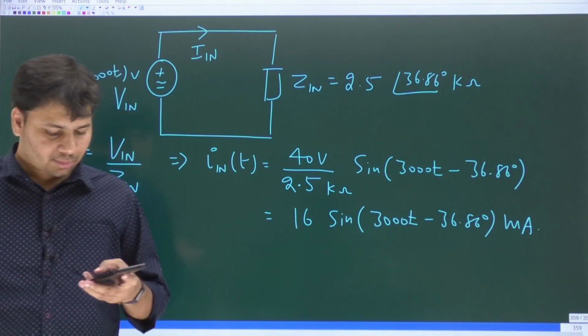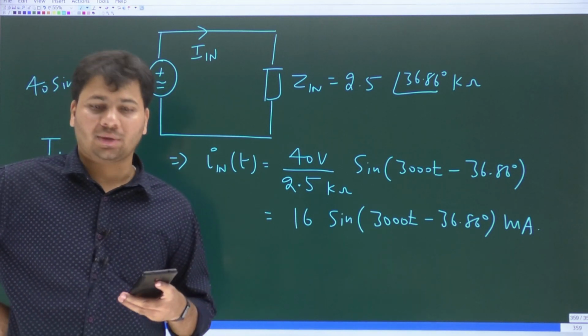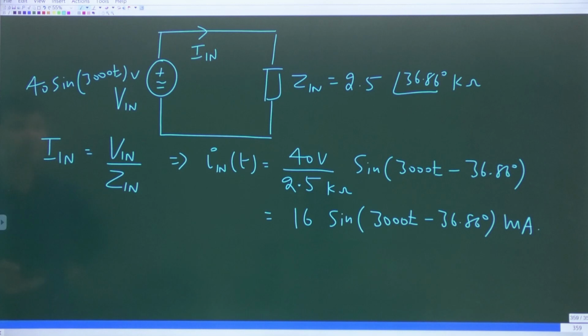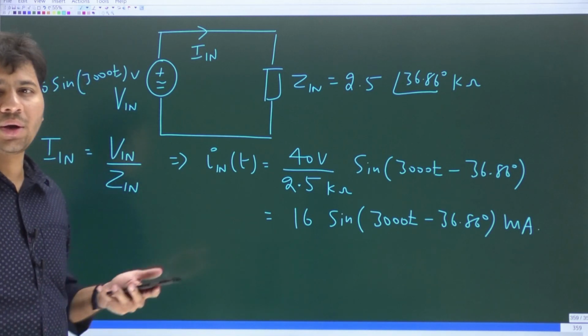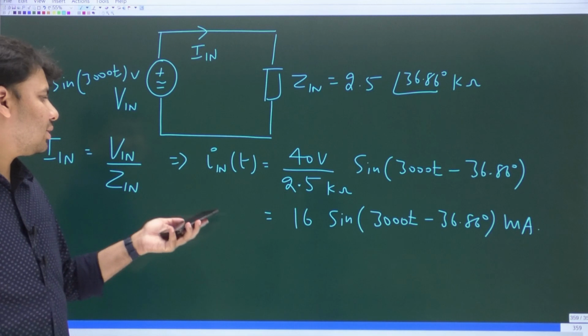Which one is leading? Please type in the chat box. Voltage, right? See, what is the input voltage? 40 sine 3000 t. So what is the phase angle of the voltage? It is 0 degrees.